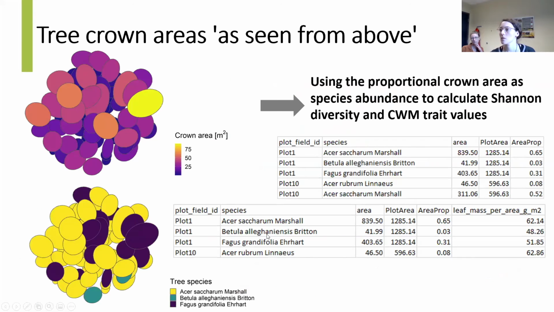With this information, we could relate the crown areas with the corresponding species and derive the proportional crown area for each species per plot. And we use these measures as the species abundance to calculate Shannon diversity, but also community-weighted mean trait values.